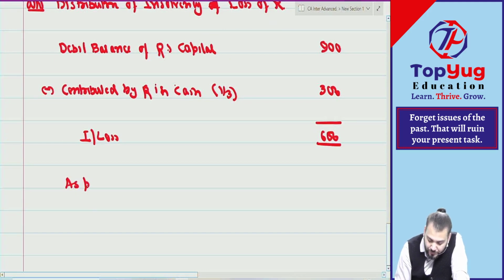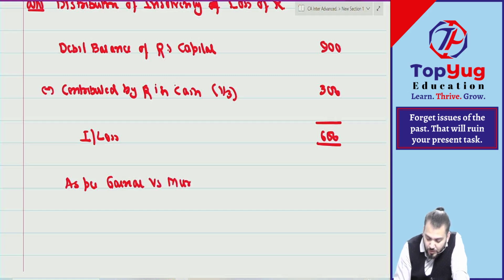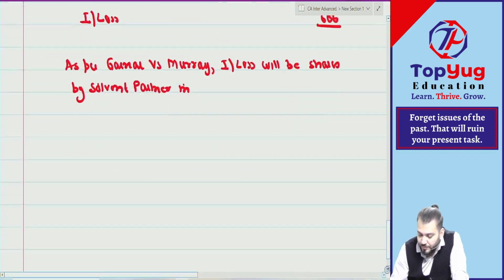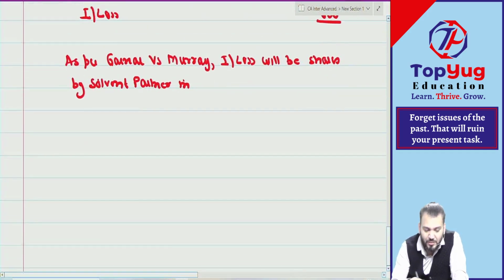As per Garner versus Murray, insolvency loss will be shared by whom? By the solvent partners. But in this case, fixed capital or fluctuating capital? Fixed is given.